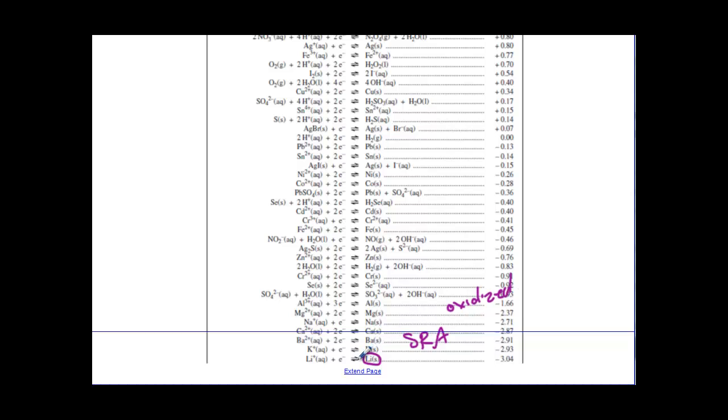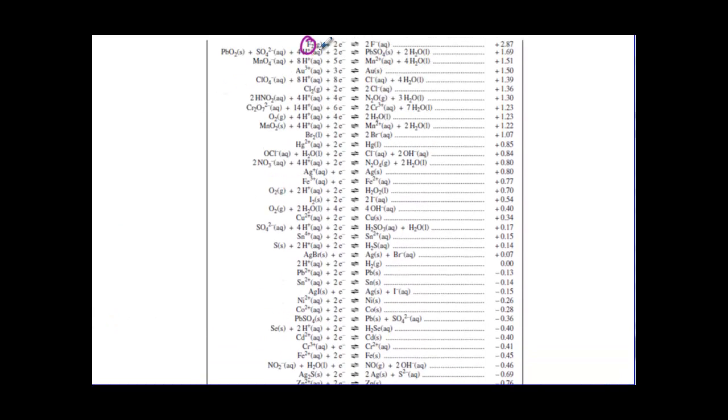You should really think of lithium going backwards the other way here. Lithium would really, really love to lose an electron, whereas fluorine would really love to gain electrons.